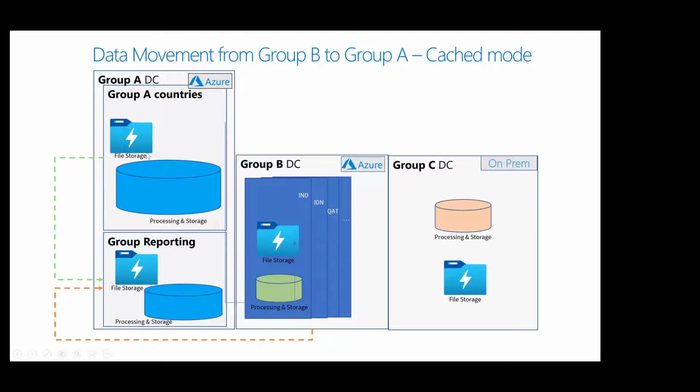So individual country users can log into their respective data centers and do all that they are supposed to do without any restriction. So for example, if there is an India data user who wants to access India data, they can just log into India data center and do all the processing without any restriction.